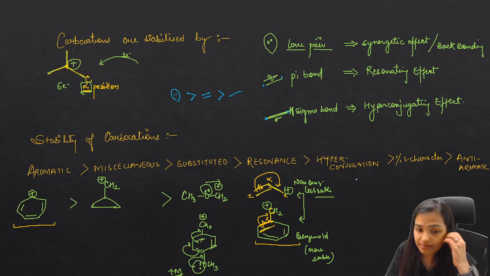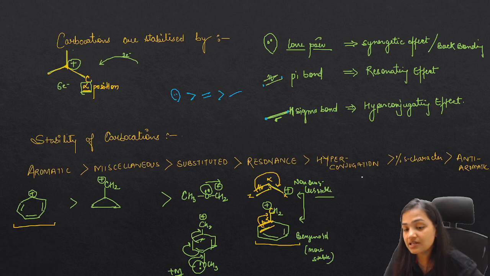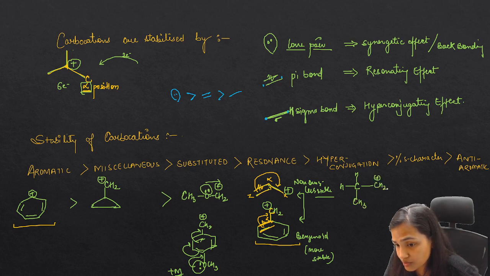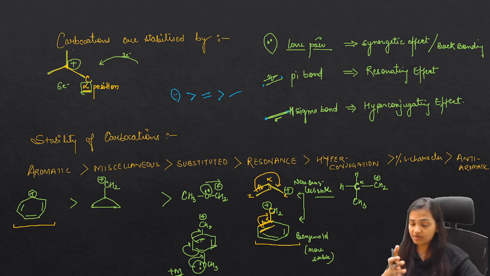Now we could have some examples of hyperconjugation. What do you understand by hyperconjugation? If you see, we have a compound with carbon and hydrogen, this is a CH3 and this is a carbocation, that is CH2 positive. Look at the alpha position. At this alpha position there is no lone pair, no pi bond, no ring.